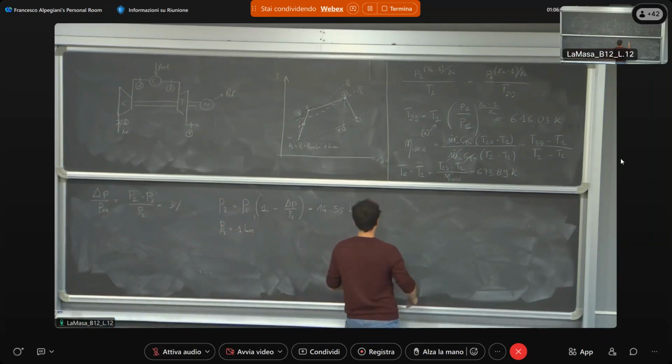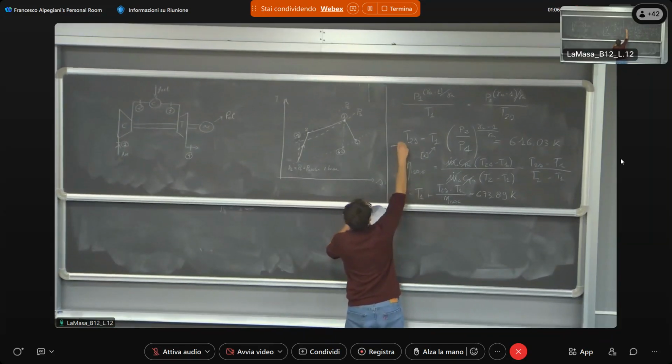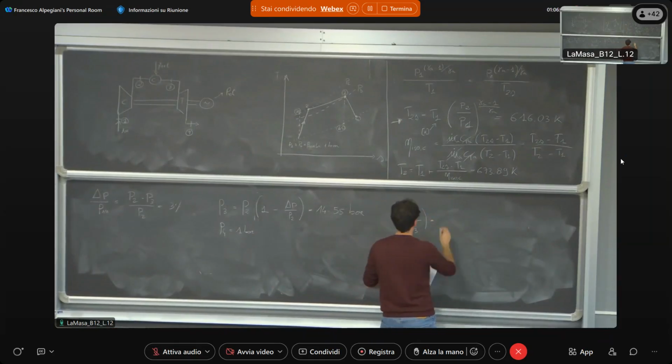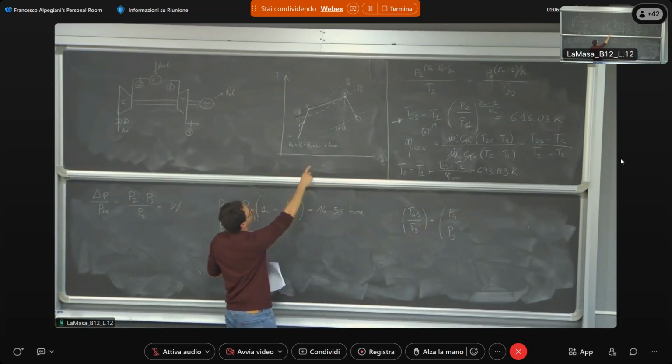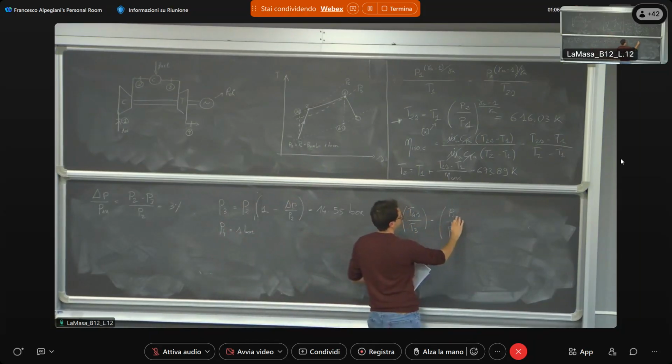So, as before, we can write that T4S over T3 is equal to P4 over P3, because in the point number 4S, the pressure is the same as in the point number 4, so here we can avoid S, okay?